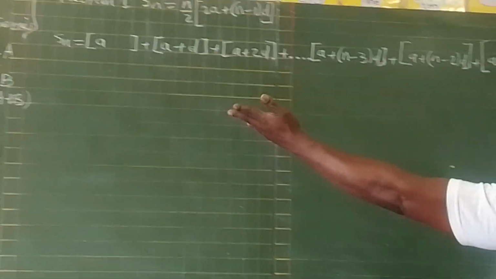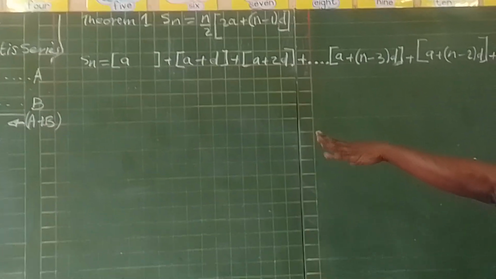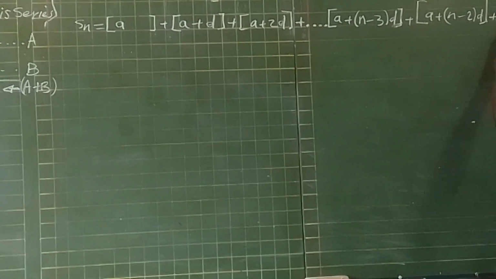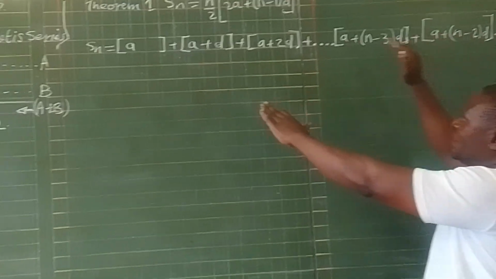Now, we use the very same technique that we used with numbers, but now we will use the alphabet. We change the last one, we add it to the first one.